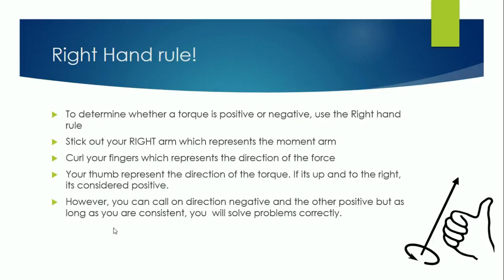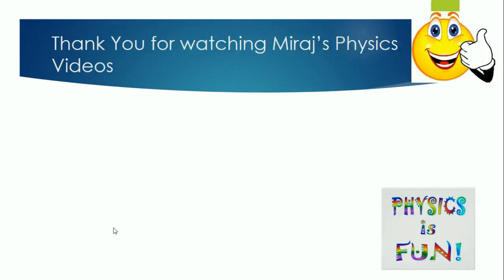So remember, always keep your signs consistent and you will solve every problem correctly. But you just have to tell the person who's grading, your teacher, what you want to call what. If you want to call up positive, down negative, that's like the standard. But if you're feeling kind of different, you can call down positive, up negative. You just have to indicate that somewhere, and you will get the answer correctly.